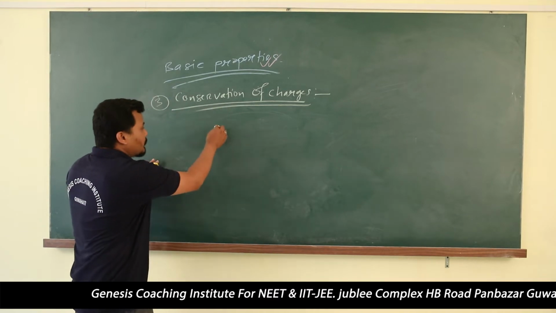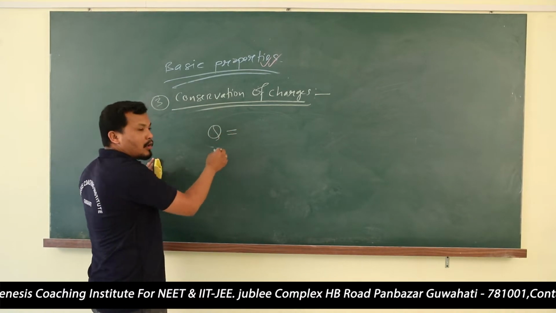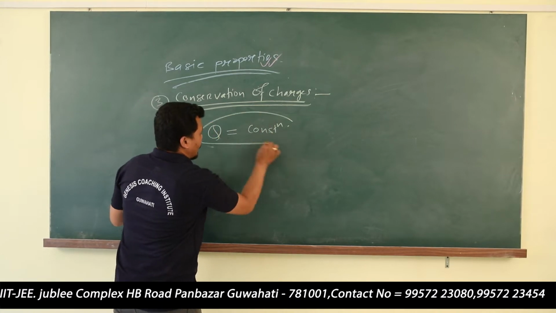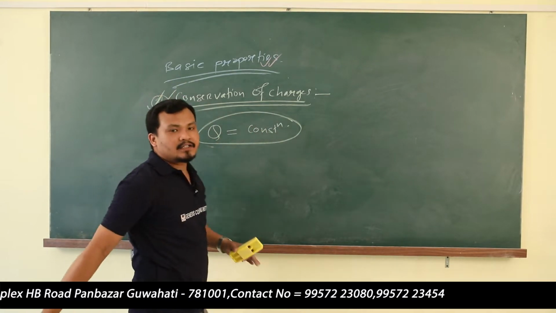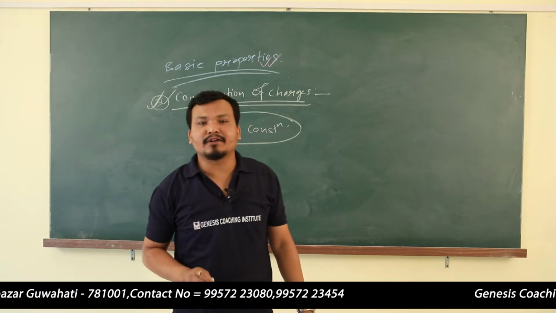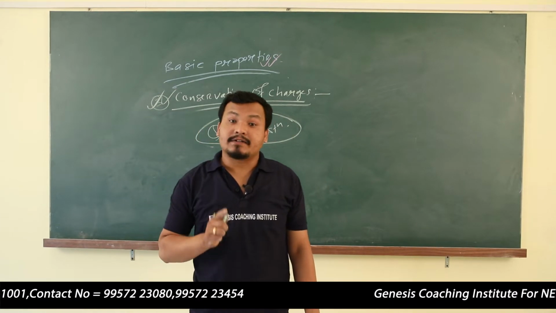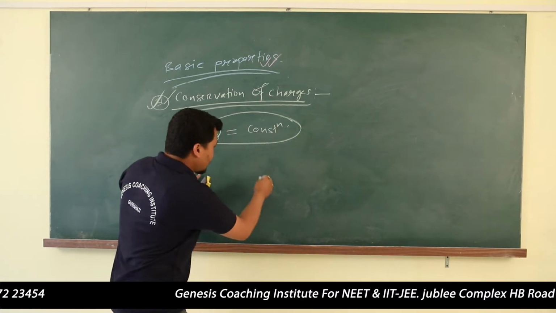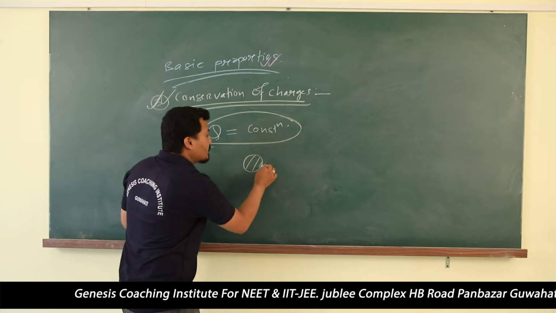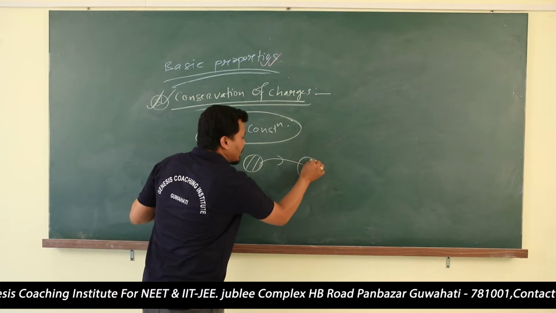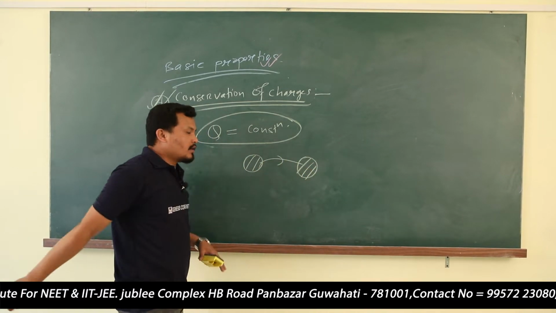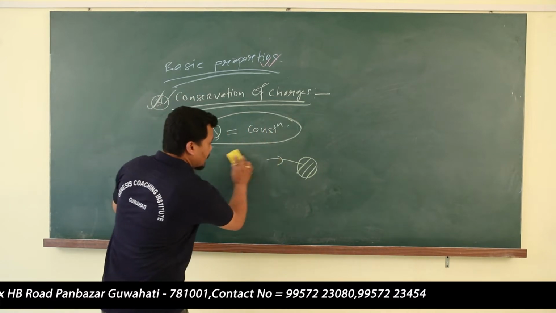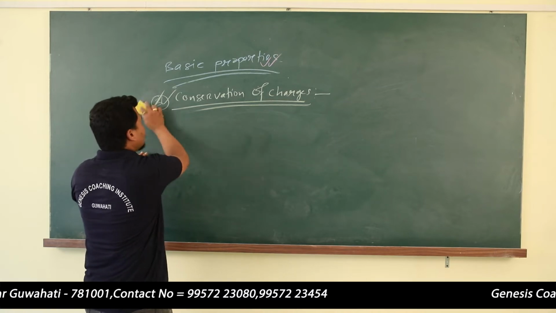That means the total charge of a system Q is always conserved, that means always constant. So according to this property, the charge of a system can neither be created nor be destroyed. It can only transfer from one system to another or one body to another. That means charge is always transferred from one body to another. Okay, these are the 3 basic properties of electric charges.